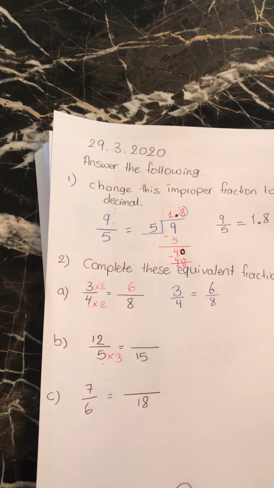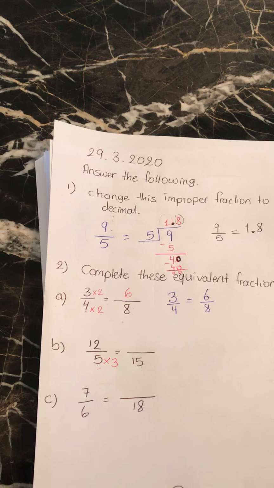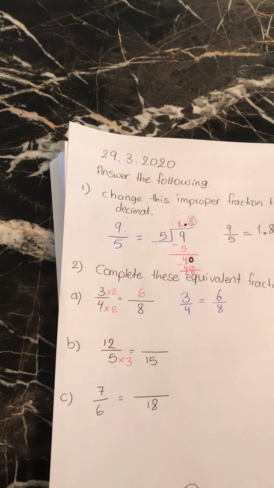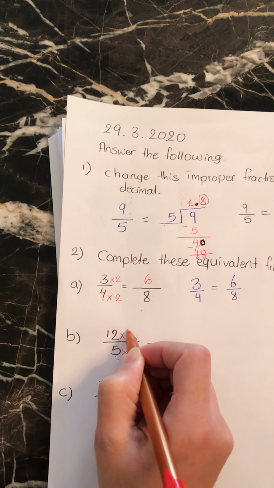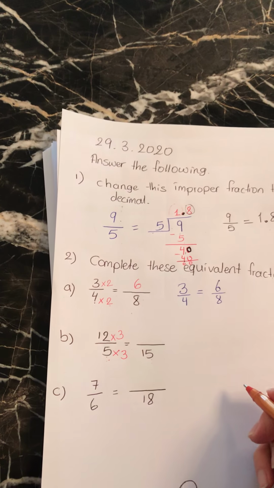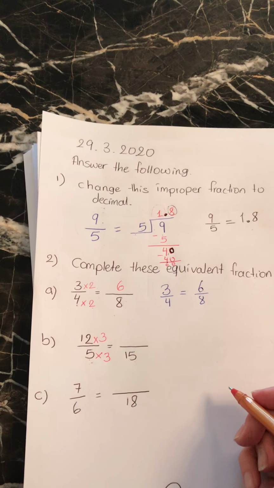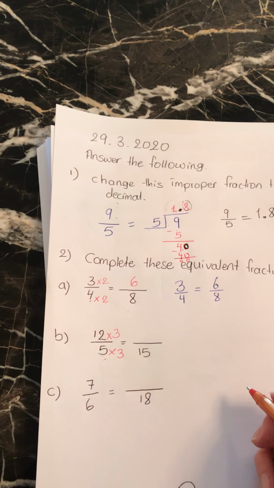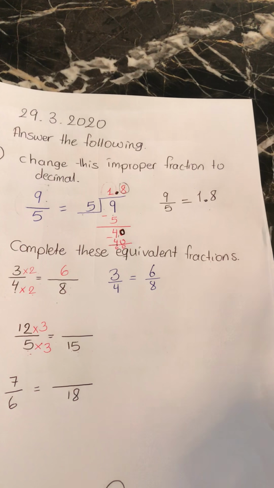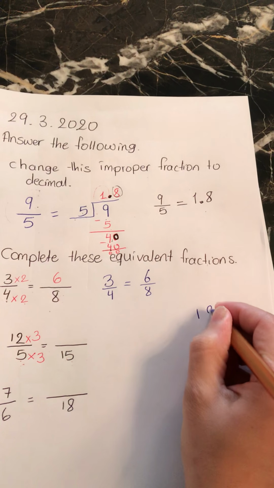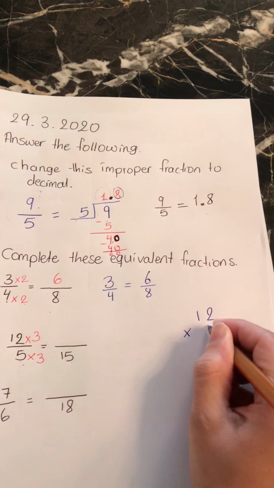Okay, because I multiplied the denominator by 3, I have to multiply the numerator also by 3. Okay, 12 times 3. If you couldn't do it like this, you can come to this side of the paper and you do it like this.